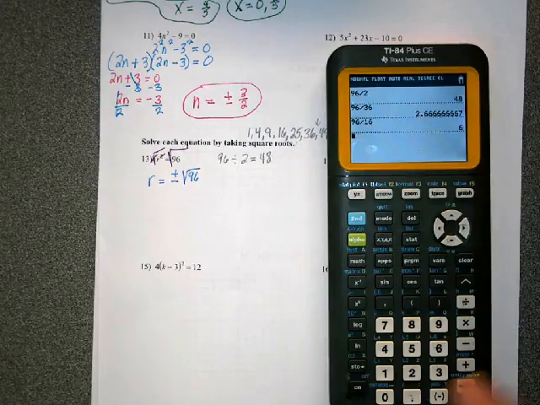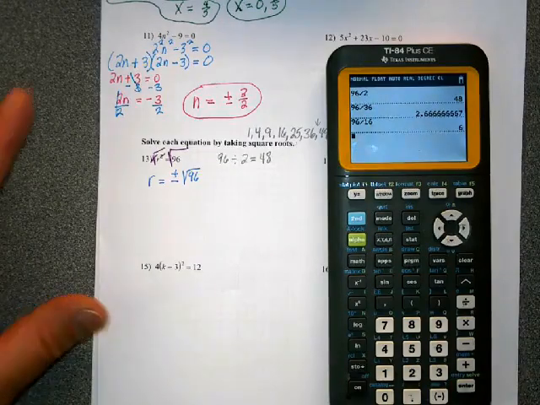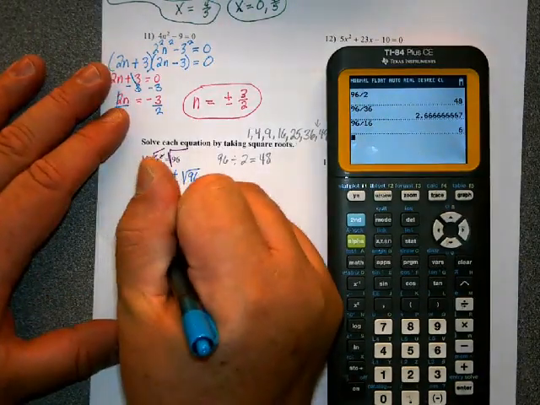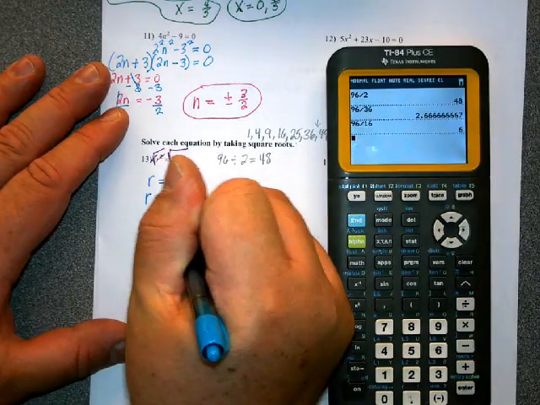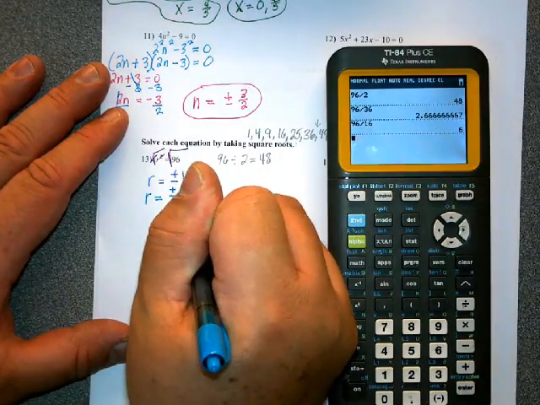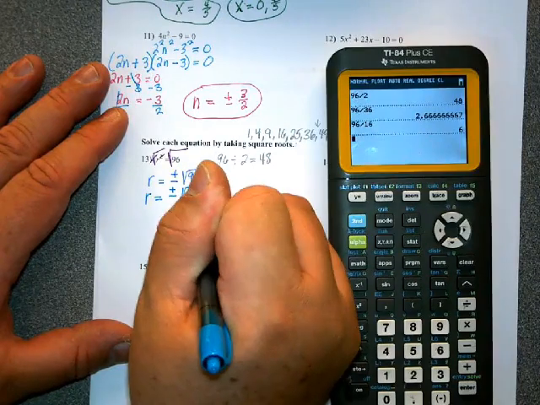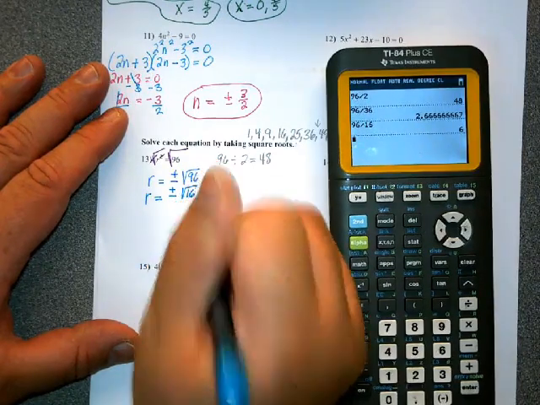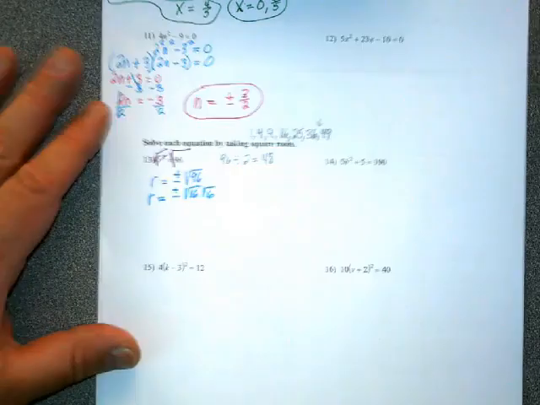So I'm going to rewrite this as r equals plus or minus square root of my perfect square, which is 16, times the square root of 6. And simplify the square root of 16.